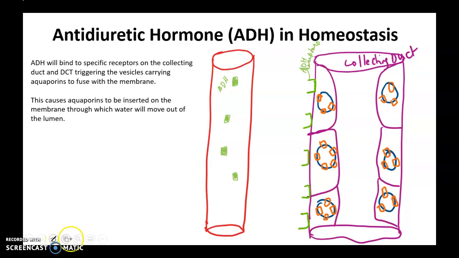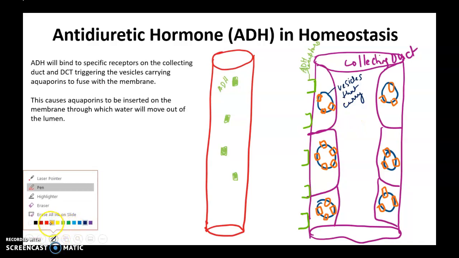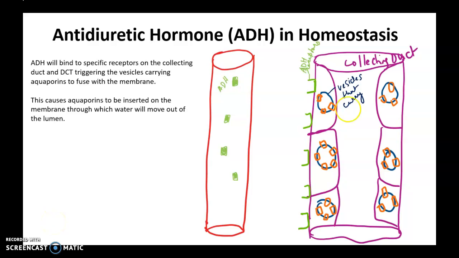These are called vesicles. These are vesicles that carry aquaporins. Aquaporins are nothing but channels that can transport water. So that carry aquaporins. Aquaporins are these orange little things.